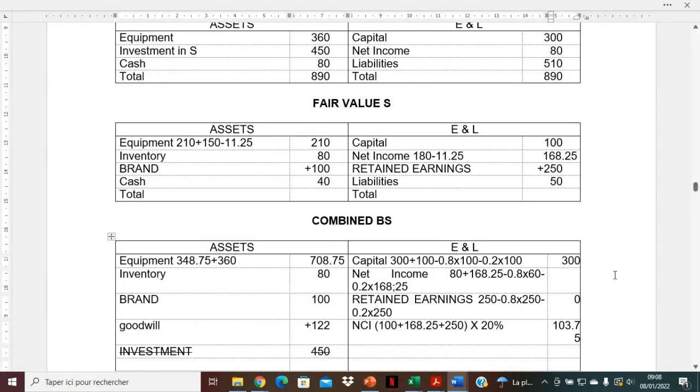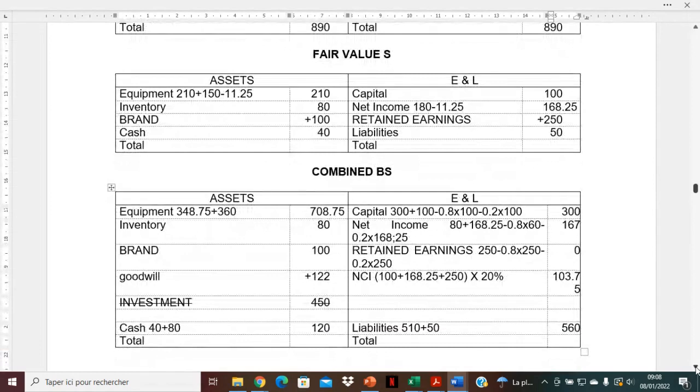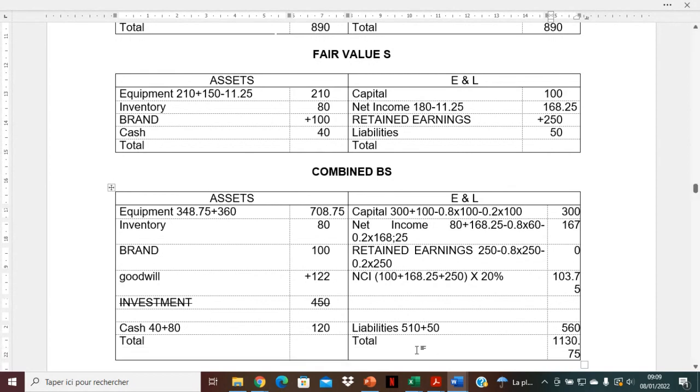My net income, well, here we need to calculate, but in total it's 167. NCI is 103, and total liabilities is 560. So in the end, my total balance sheet is 1,130.75.